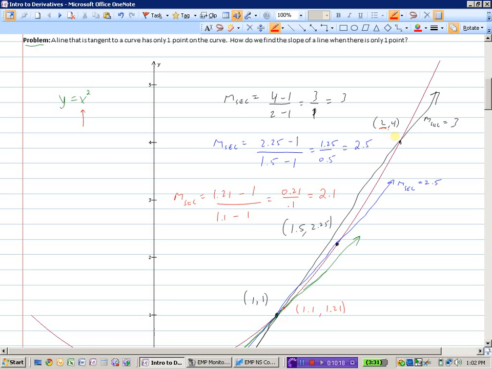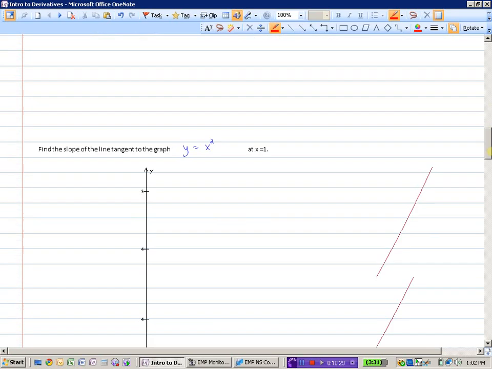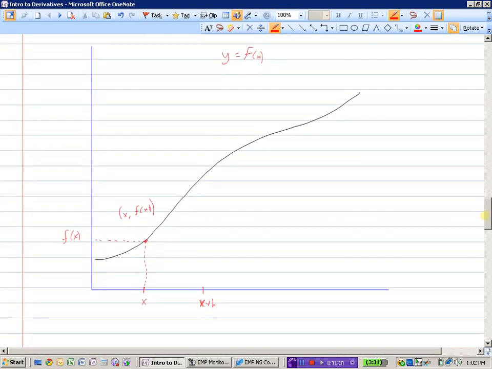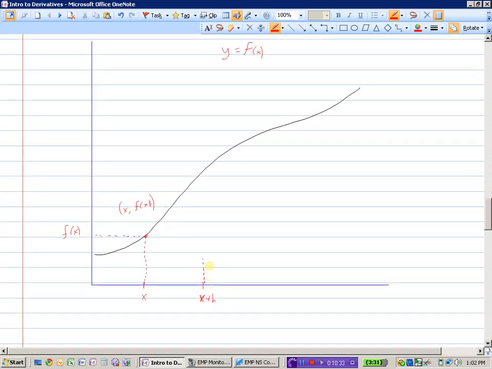Here, the x value was 2. So I was 1 more than my x-coordinate here. Then we tried only going a half bigger. And finally here, we were only 0.1 larger. So we will do some x plus h value, which would correspond to a y value of f of x plus h.